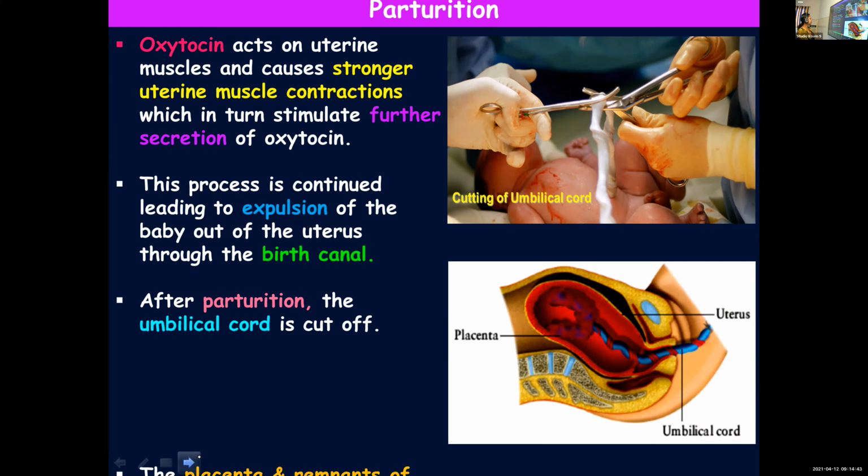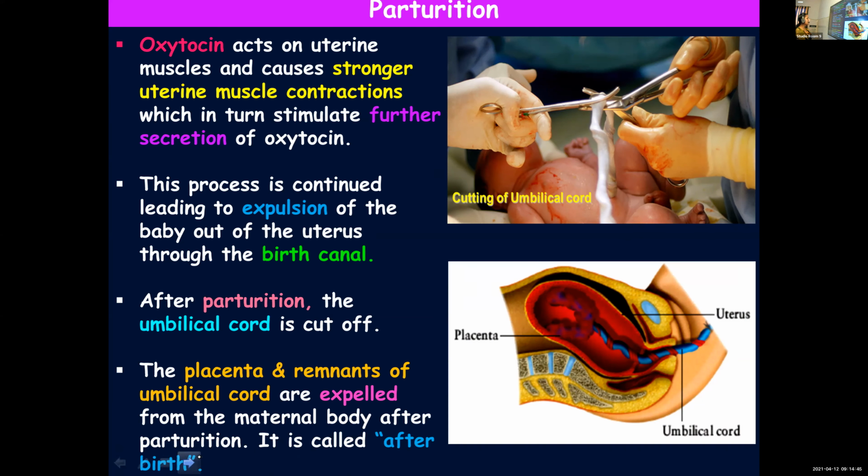The placenta and remnants of the umbilical cord will be expelled out from the maternal body after parturition, and you call it afterbirth. It's not only the baby that gets delivered. In pregnant ladies, the placenta develops with a purpose.